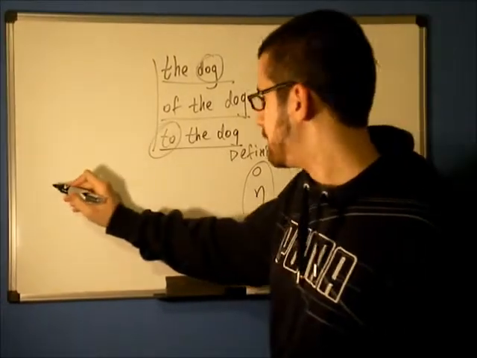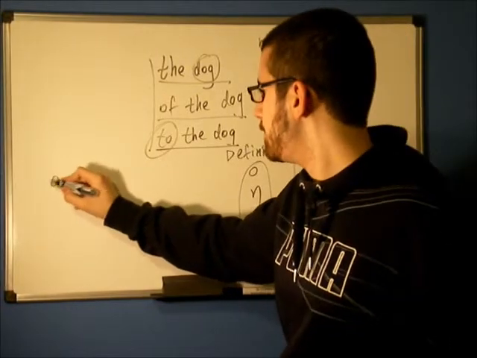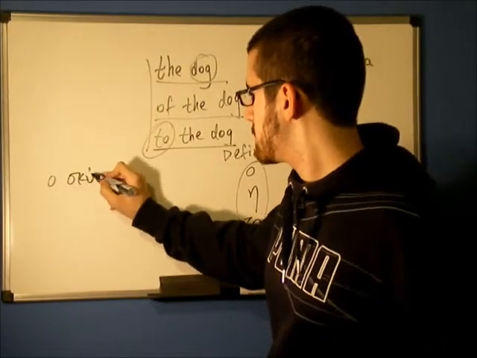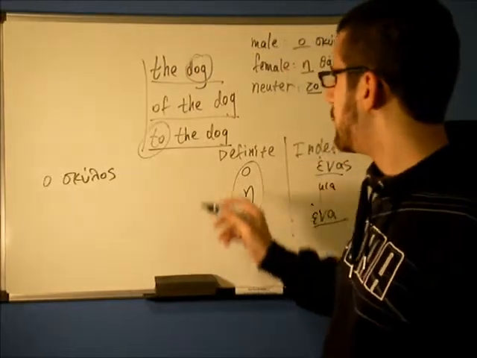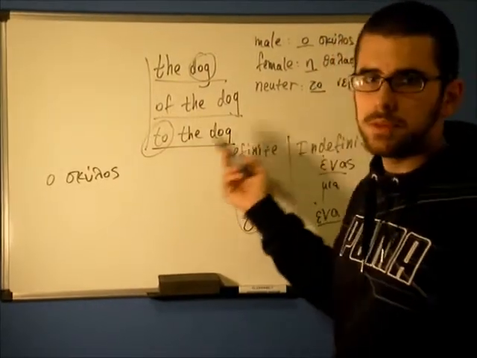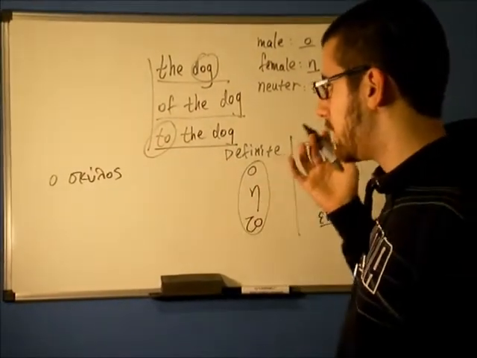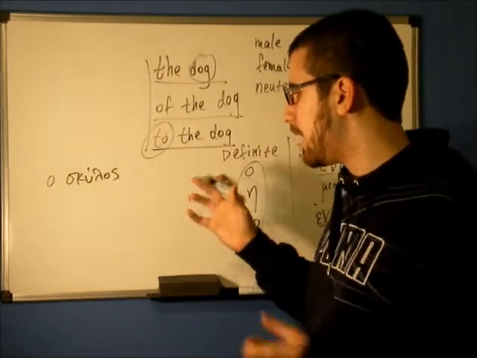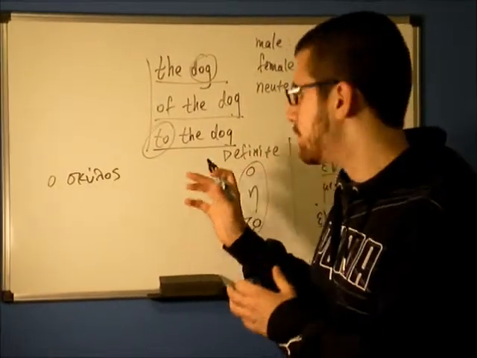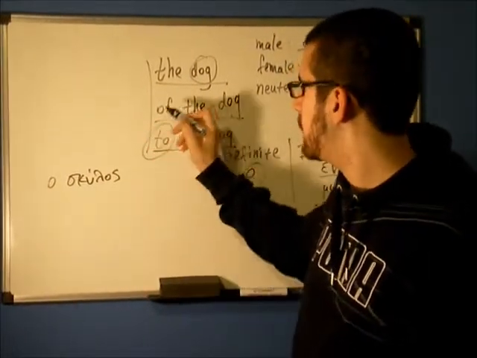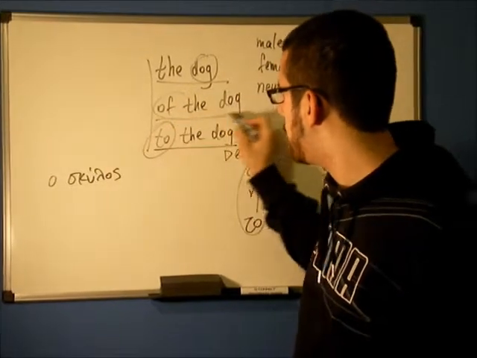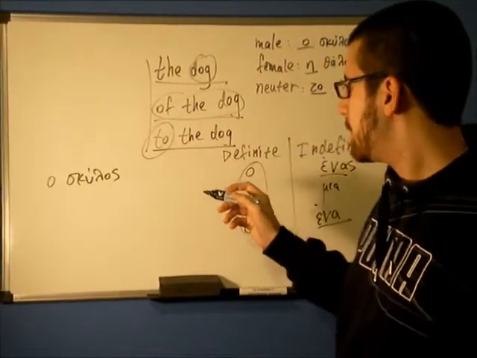Let's say I have the dog again. Then, if I want to say of the dog and to the dog, I have to change the form of this word so that it fits this context.